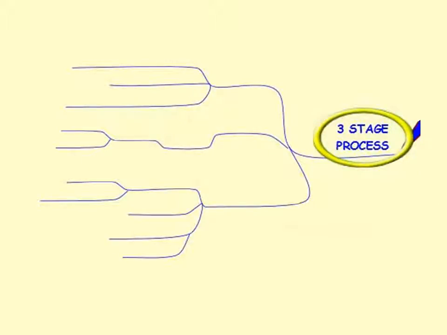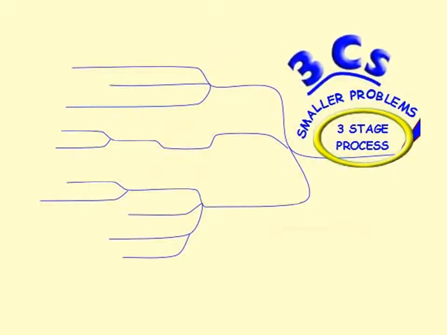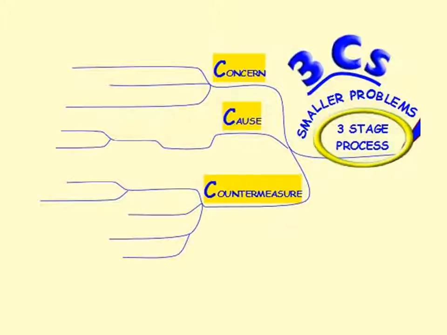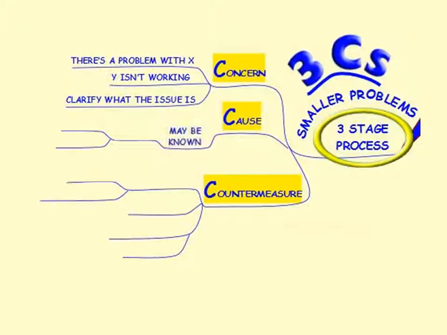So let's look now at the 3-stage process of dealing with smaller problems, which is known as the 3 C's. The C's being concern, cause and countermeasure. Regarding concern, it could be that something like there's a problem with X or Y isn't working, and also, as before, you want to actually clarify what the issue is. What problem are we solving?